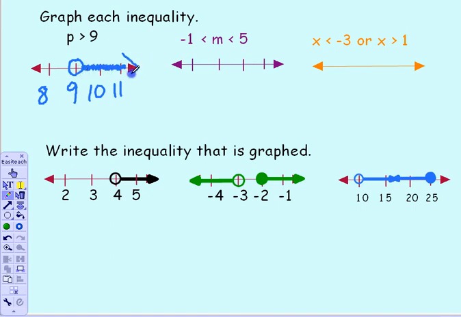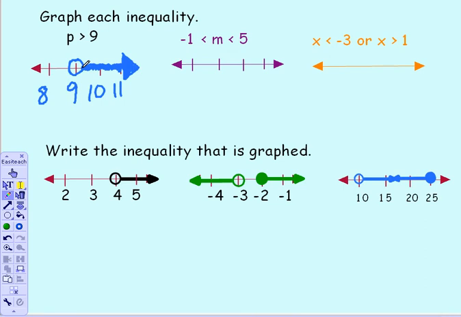I'm going to also show that the arrow is going to keep going. So I just make a little bit bigger arrow and color that in. So all these numbers get filled in right up until the 9. That shows that p, the variable, could be any of those numbers. It could be decimals, it could be fractions, anything all the way out to infinity.